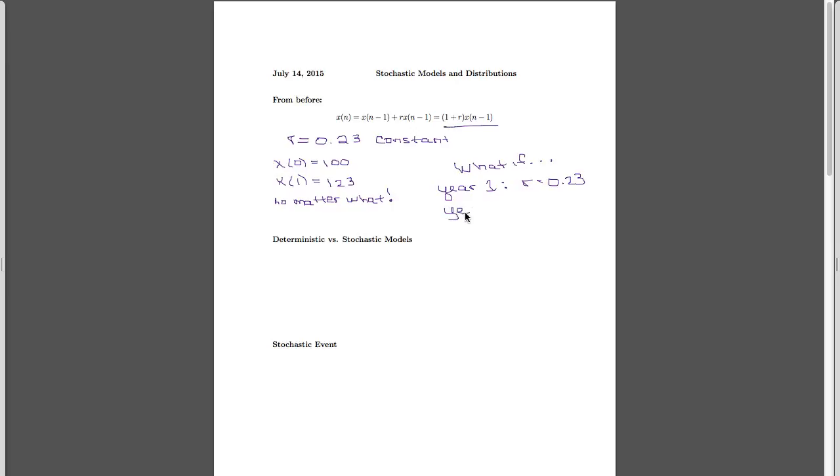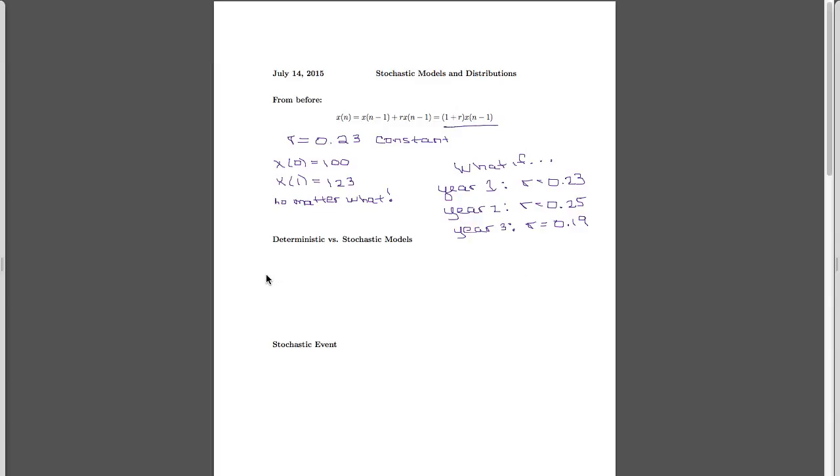But then in year 2, maybe the growth was 25%. And then in year 3, maybe the growth rate was, I don't know, only 19% for some reason. And so conditions are still essentially pretty good for the salmon, but just due to natural fluctuations, the growth rate changed a little bit from year to year.